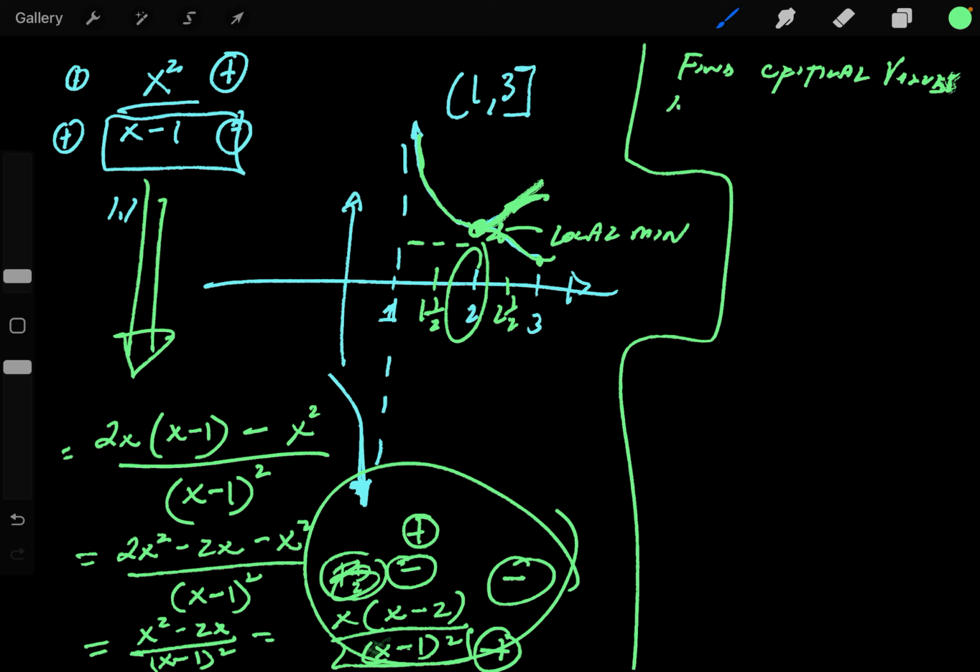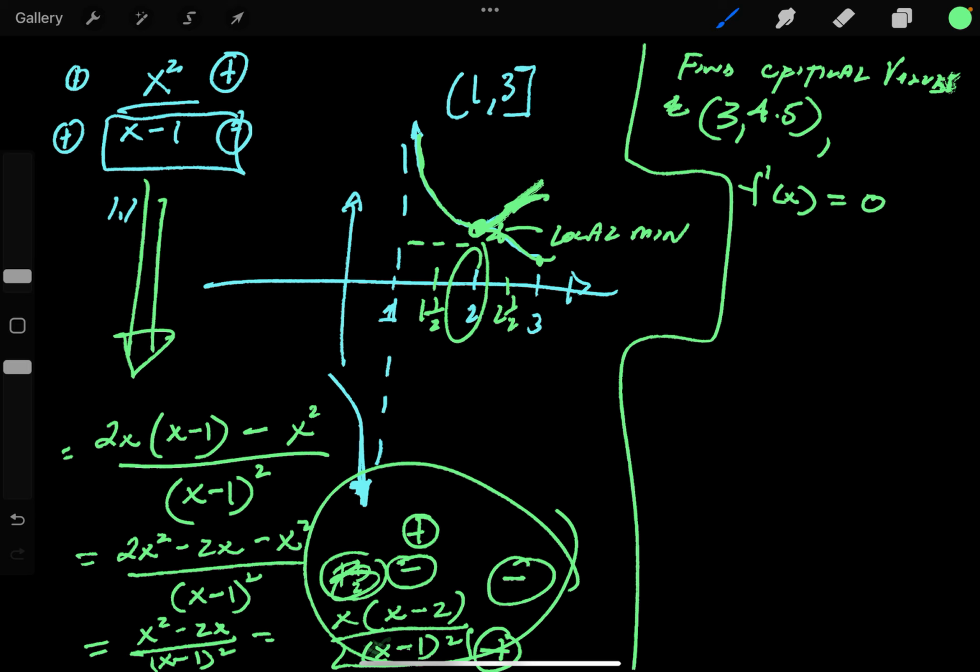So find critical values. Let's see, where are the critical values? At the endpoints and then at 3. So when I plug in 3, I get 9/2. So it's 3 comma 9/2, which is 3 comma 4.5 for one critical value. The next critical values are where f prime of x equals 0.